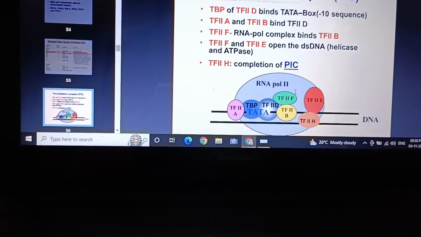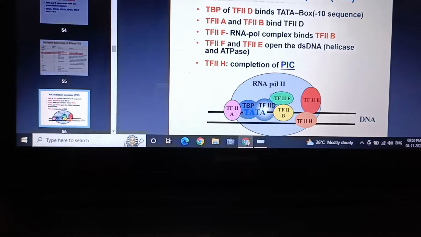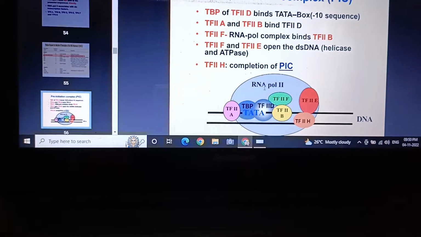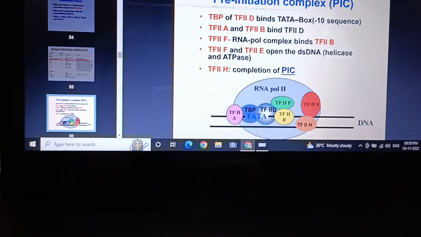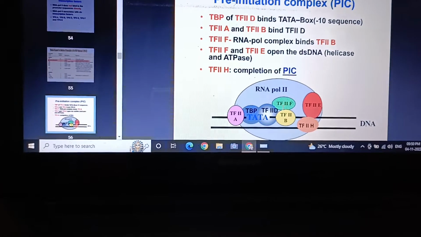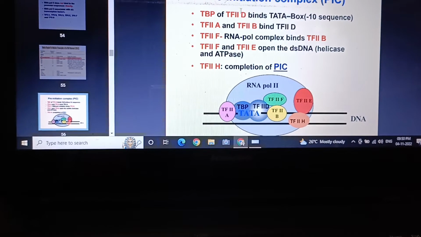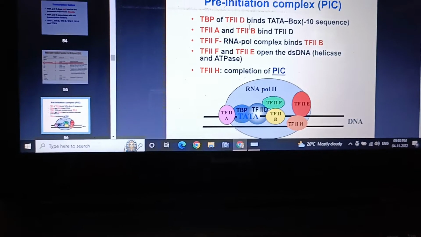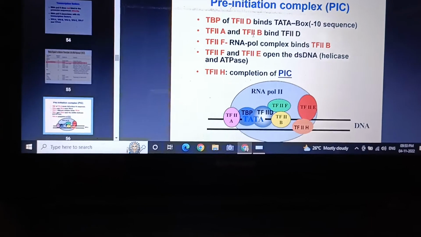After binding TF2H, the pre-initiation complex will form. What is present in the pre-initiation complex? Your RNA polymerase 2, TATA box binding protein, and all the transcription factor subunits. So this is the pre-initiation complex, and this is the mechanism of which transcription factor comes first and which comes next. Based on that only they will explain.